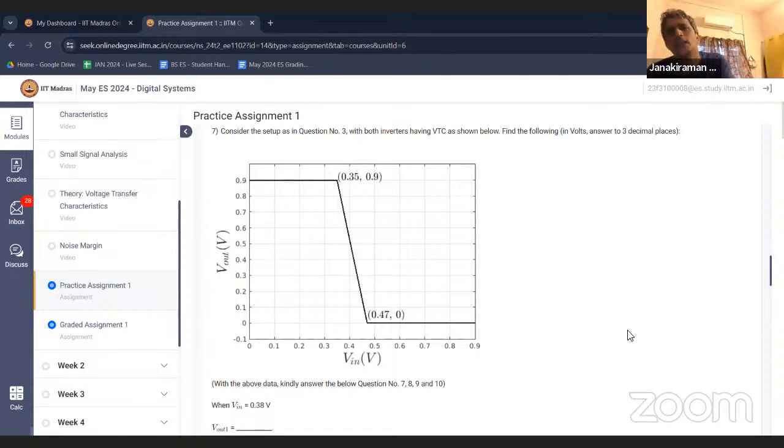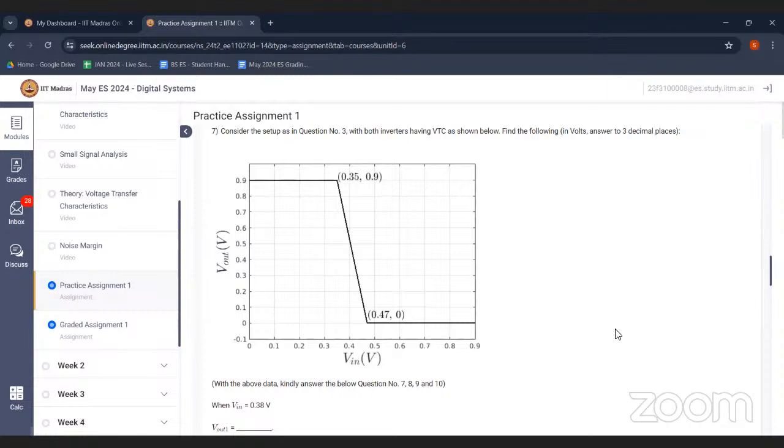Correct. So what is the gain of this guy? Tell me. In the indeterminate region, what is the gain? It's just a slope. It is just a slope, right?